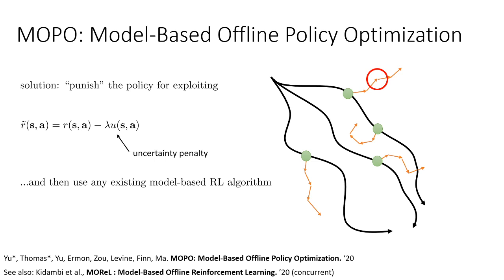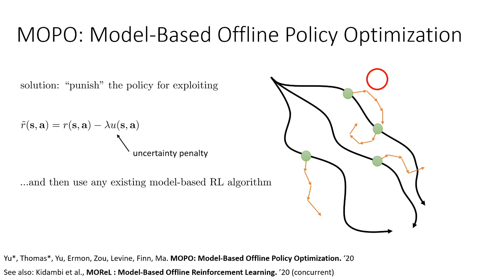So essentially, the uncertainty penalty is supposed to punish the policy enough that exploiting is not worth it. And that's why we have to choose the multiplier lambda carefully, but if we choose it carefully so that the penalty always costs the policy more than it gains by cheating, then the policy will change its behavior and avoid those crazy out-of-distribution states.